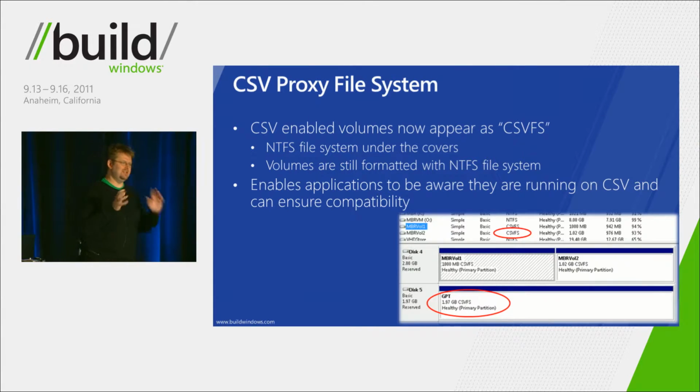Because CSV is a little different, right? It presents itself as a local file system, but it really has a lot of the semantics of a remote file system. And so it at times can behave a little bit differently, so we wanted you to be able to key off of if it was CSV and then make sure you could do the right behavior. So this was really to enable our ISV ecosystem. We didn't want to try to fake out like it was an NTFS volume. We really wanted to present ourselves as something different and unique so that you could key off of it and do the right things.